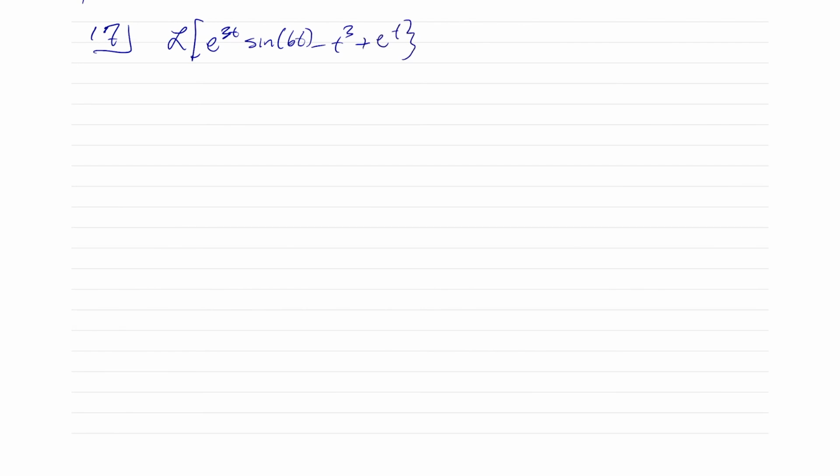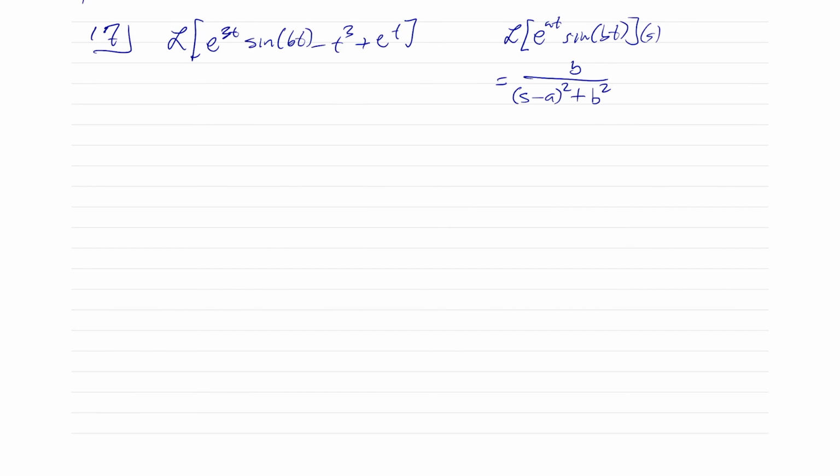All we're going to do is take a look at our Laplace transform table. We already talked about the Laplace transform of e to the at sine of bt, which is b over (s minus a) squared plus b squared.